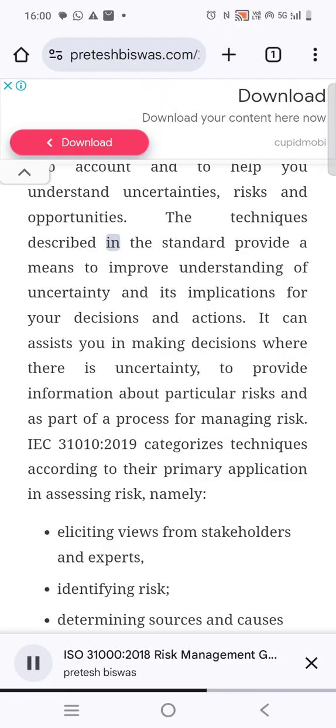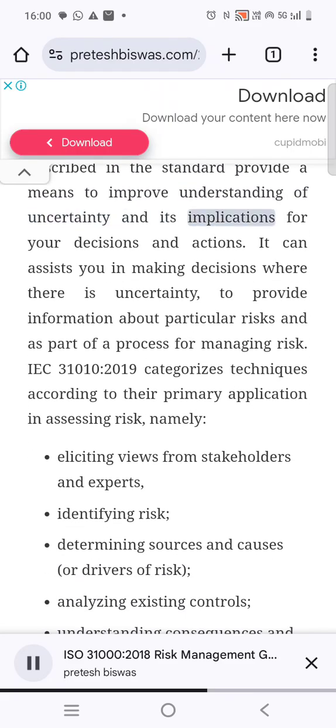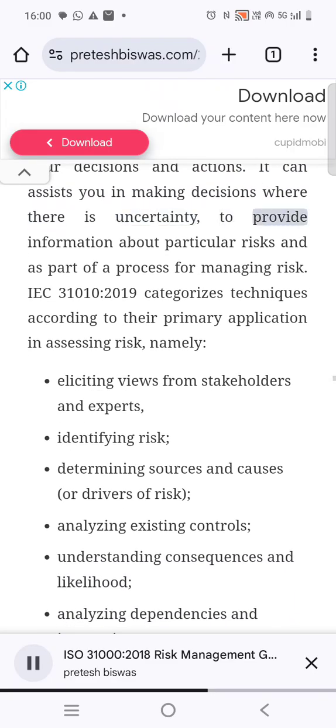The techniques described in the standard provide a means to improve understanding of uncertainty and its implications for your decisions and actions. It can assist you in making decisions where there is uncertainty, to provide information about particular risks, and as part of a process for managing risk.